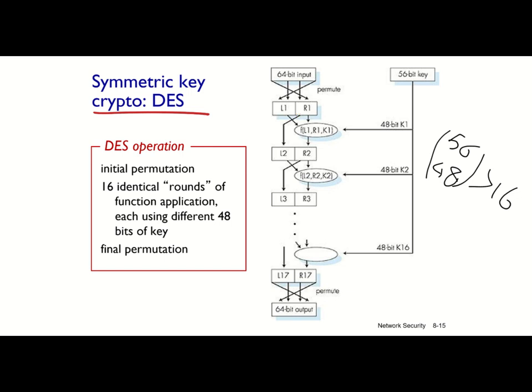64-bit input after permutation into two pieces, L1 and R1. L1 is the first 32 bits, and R1 is the second 32 bits. And then you apply a function called f, which we don't talk about the details of, on L1, R1, and K1.